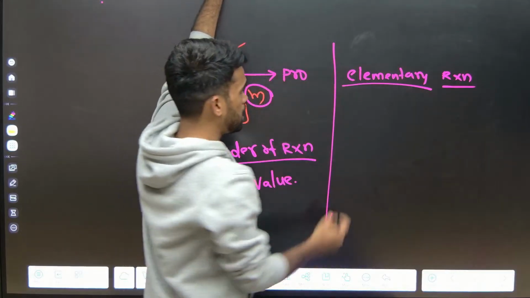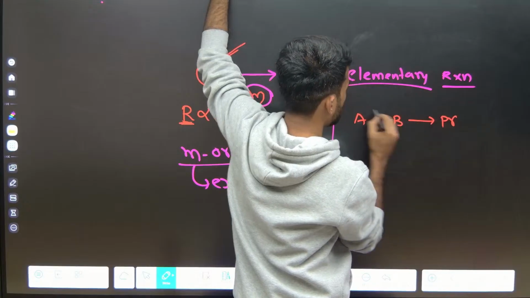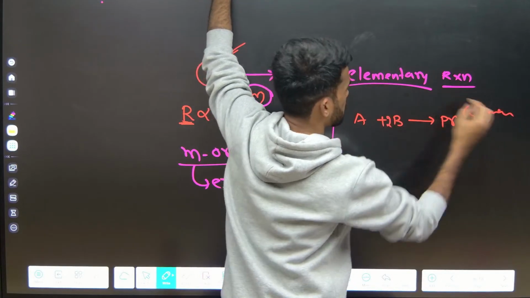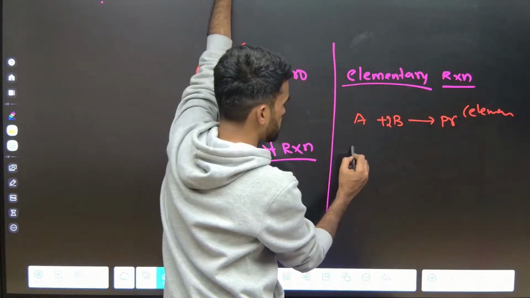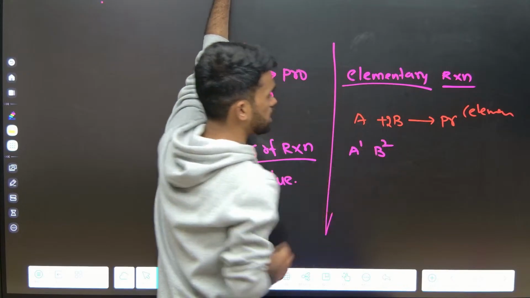For example, if I mention A plus 2B giving rise to some product as an elementary reaction, then the order with respect to A will be 1 and the order with respect to B will be 2. Like this we can understand.